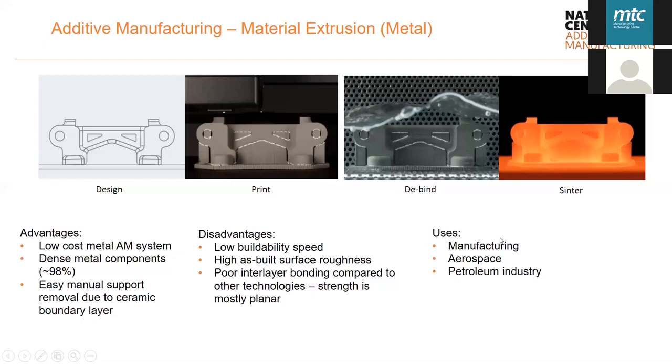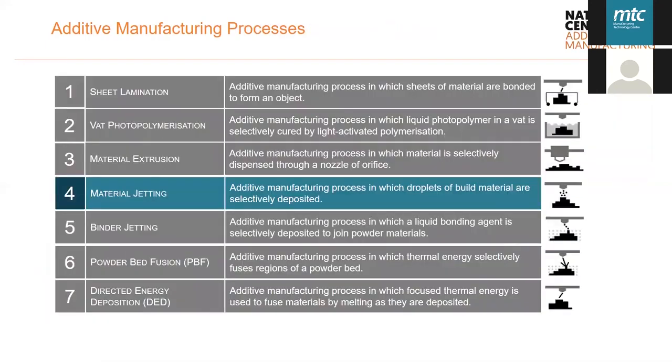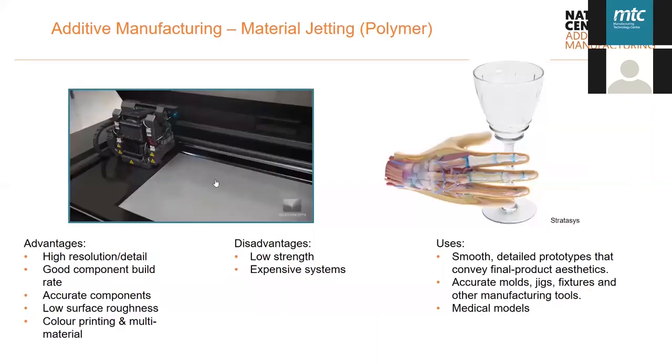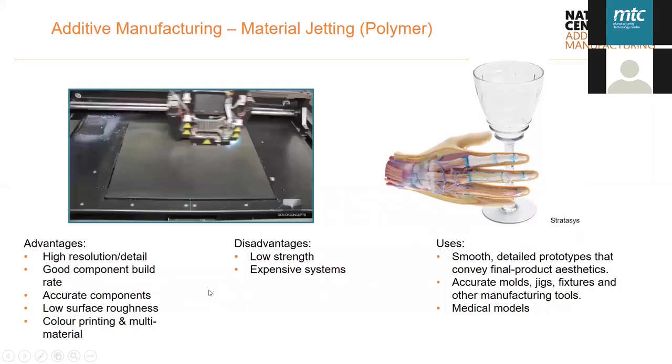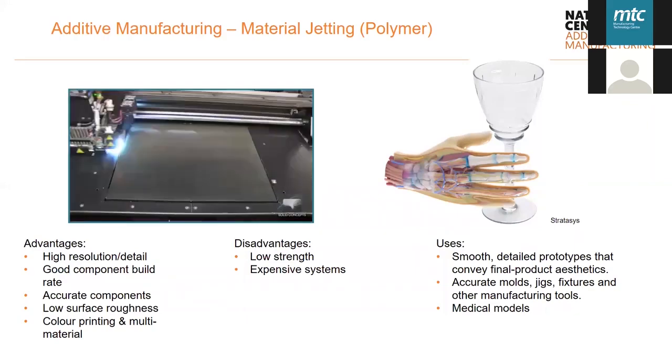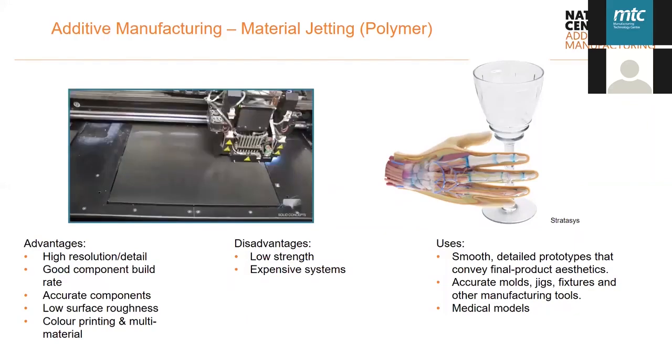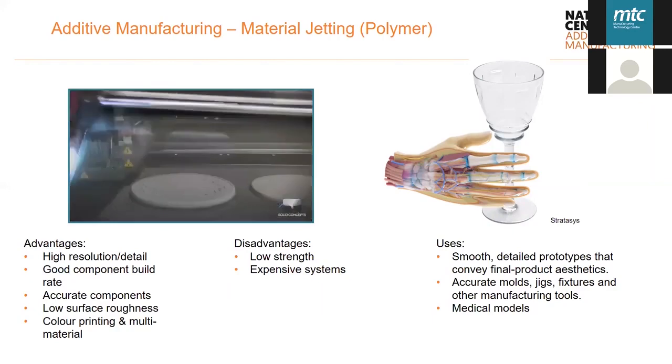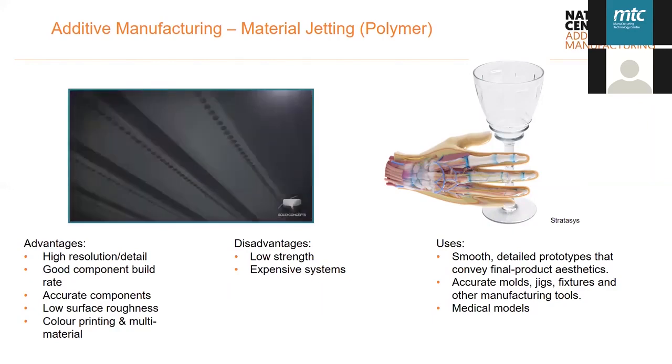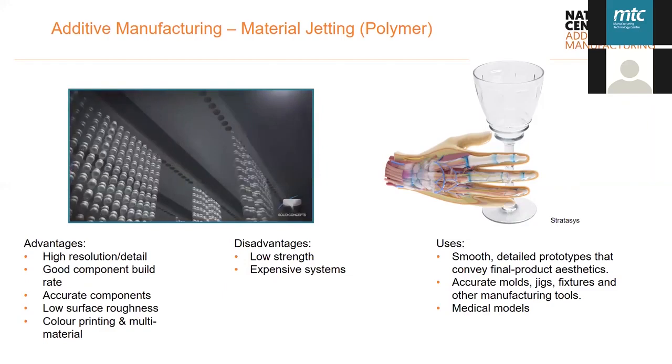Going to look at material jetting now. So material jetting is a process in which droplets of build material are selectively deposited. During polymer material jetting, as I mentioned previously, droplets of material are deposited onto a substrate. As you can see, those droplets are very small, and therefore one advantage of this technology is that you can manufacture components with high resolution and detail.